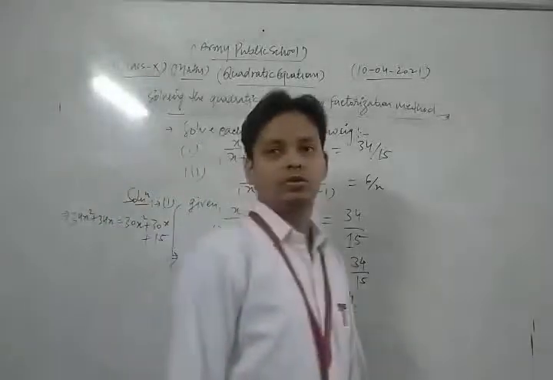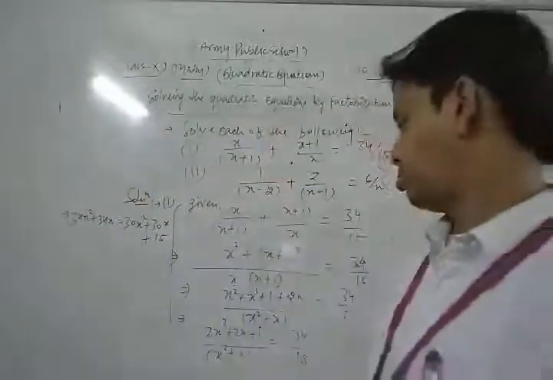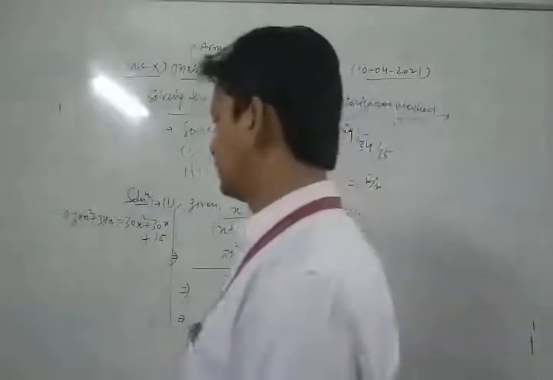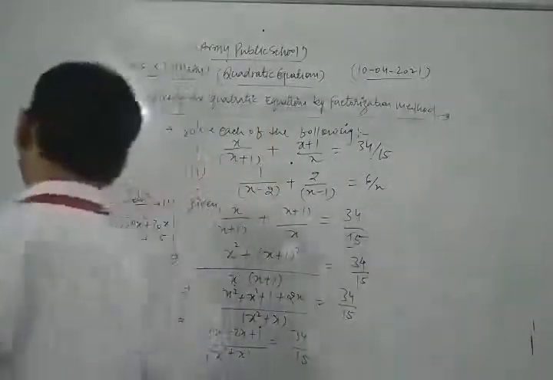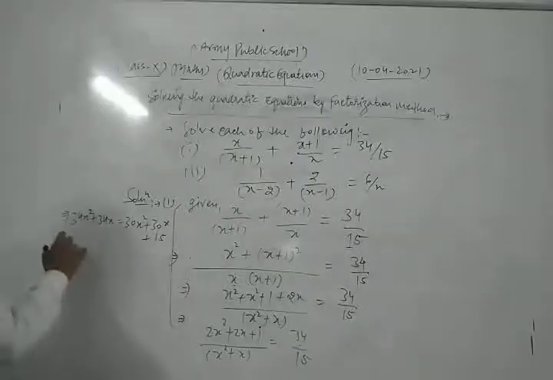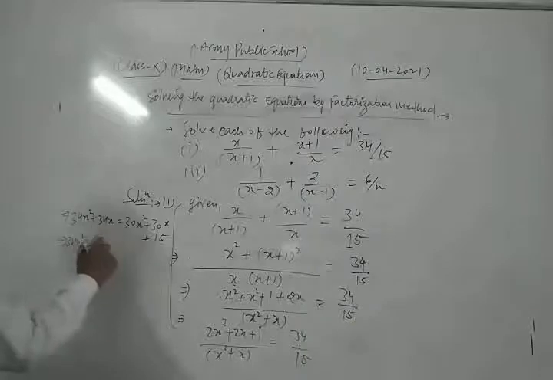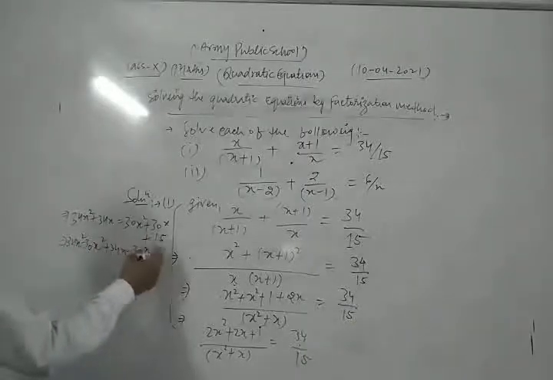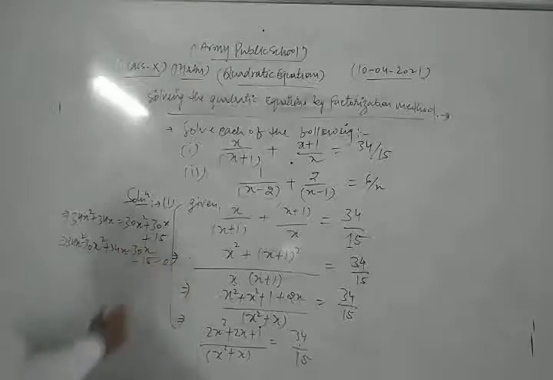Now we simplify. Here 34x square, we transfer to the other side as minus 30x square. This is 34x, so 30x transferred is minus 30x, and plus 15 minus 15 is equal to 0.